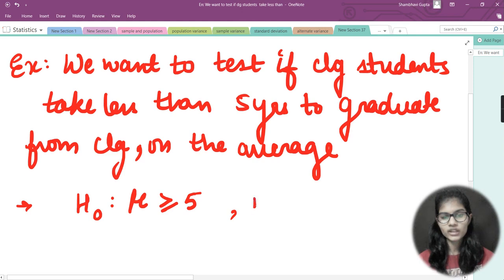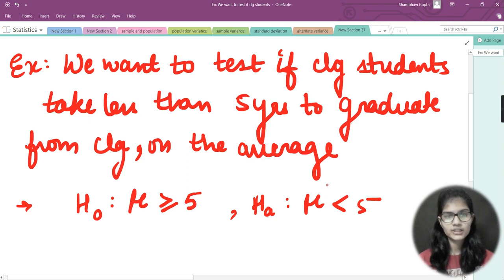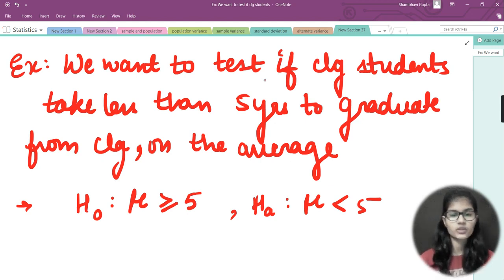And talking about HA, my alternate hypothesis, that will be mu less than 5. Mu is basically my average. So this is what we can say from here for the question we want to test: if college students take less than 5 years to graduate from college on the average, right? This was the idea we can add here.